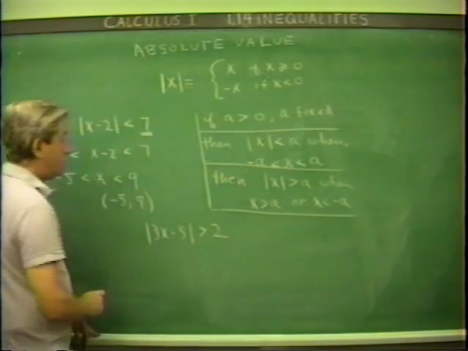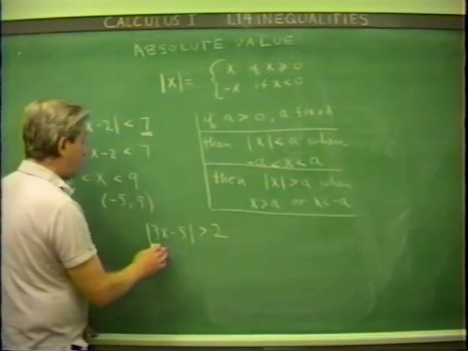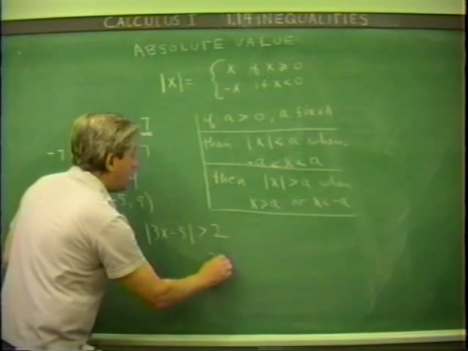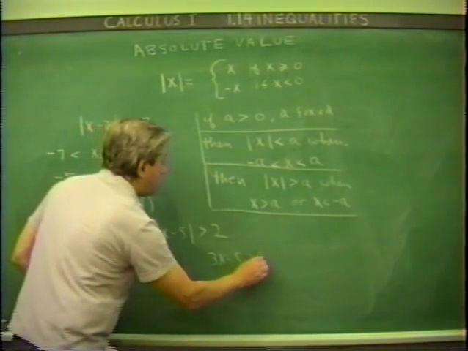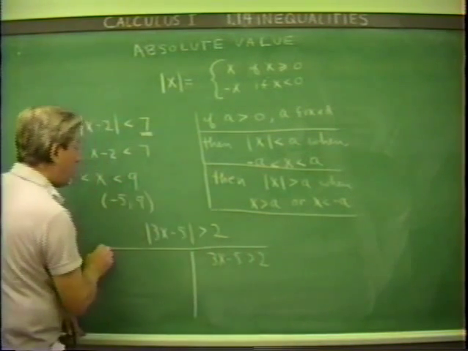Right. Another example. Absolute 3x minus 5. When is it larger than 2? Well, this is a fixed number over here, so this will be larger than 2 in two cases.